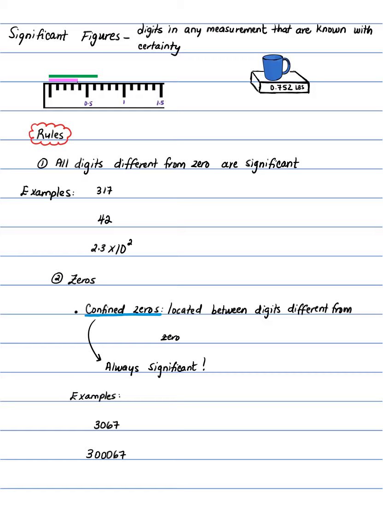So we can measure the first decimal place, and then we can estimate a second one. So for my pink line right there, this is my 0.3 here, this is 0.4. So I know that it's longer than 0.3 and it's a little bit shorter than 0.4. So I'm going to estimate my second decimal place right there.